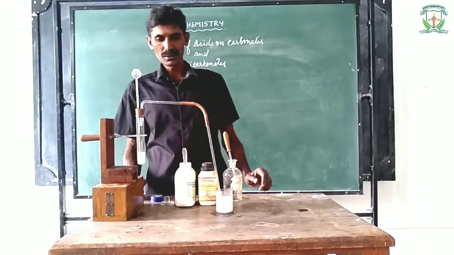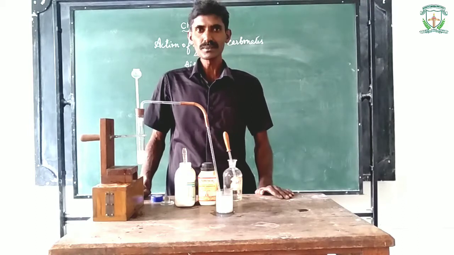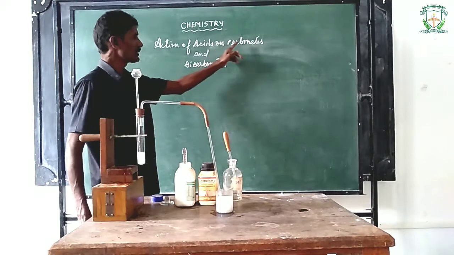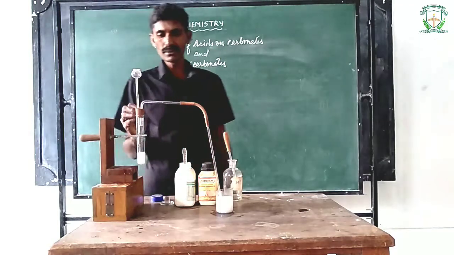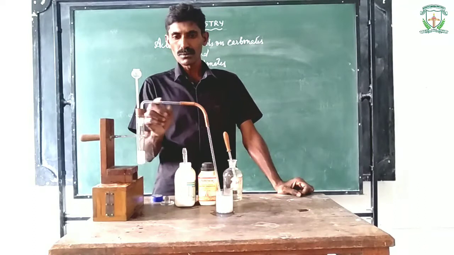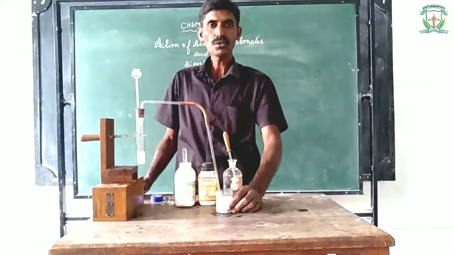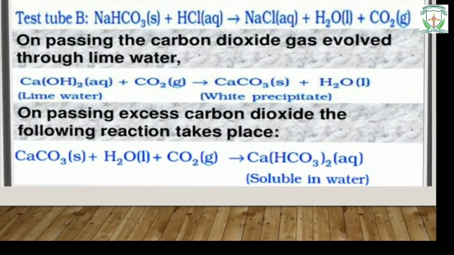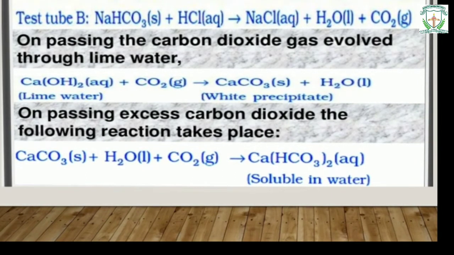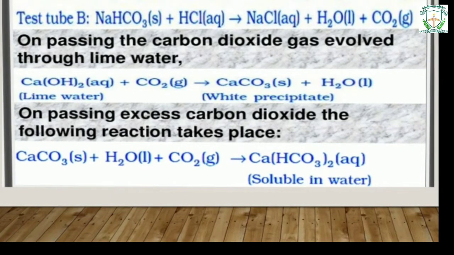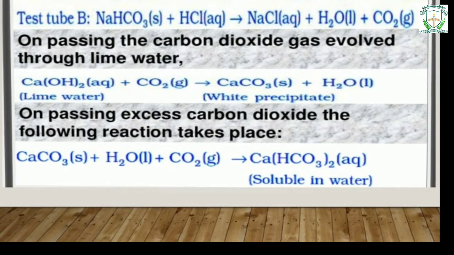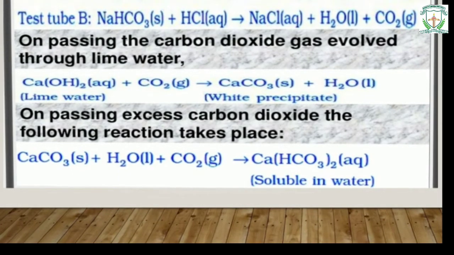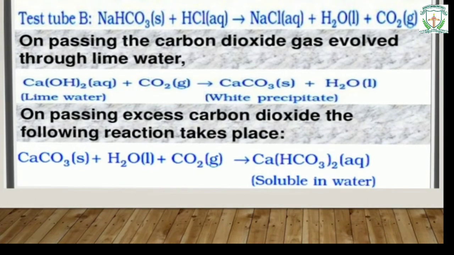So from this experiment, we know that acids react with carbonates to give salt, water and carbon dioxide. The reaction is written as sodium bicarbonate plus hydrochloric acid gives salt NaCl, water H2O and carbon dioxide.